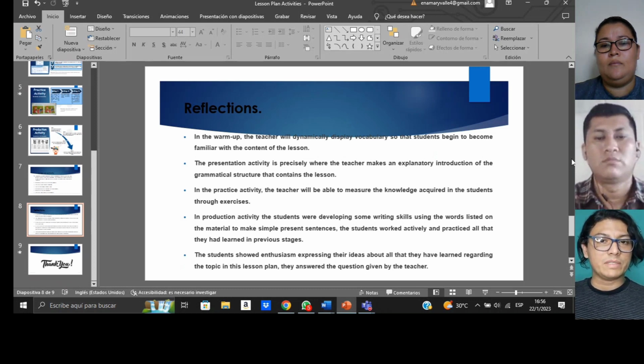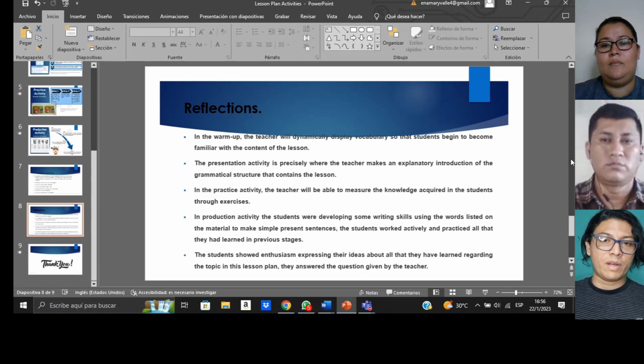In the practice activity, the teacher will help the students acquire the knowledge by doing exercises. In the production activity, the students will develop some writing skills. The students show enthusiasm expressing their ideas about the topic that they have learned.